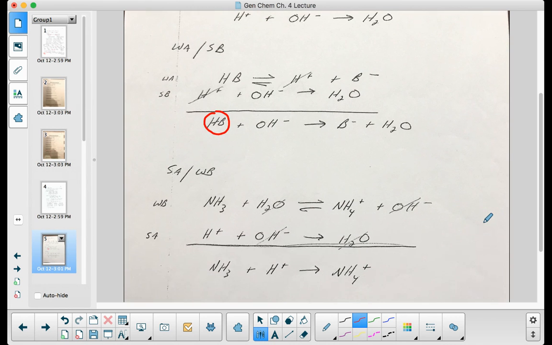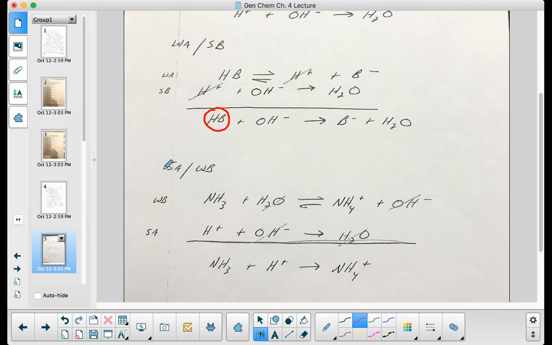And then conversely here, we have the strong acid reacting with the weak base. In this case, the weak base is the ammonia molecule. The ammonia molecule reacts with water to form the ammonium ion and the hydroxide ion.